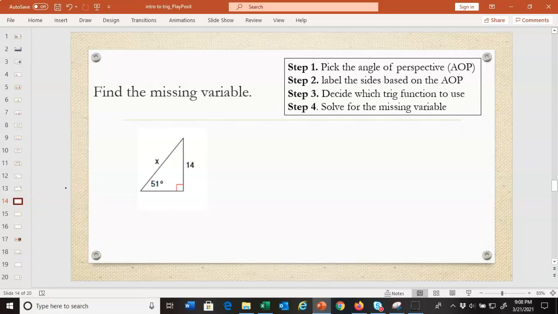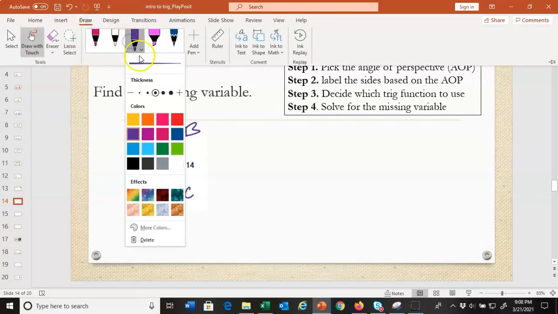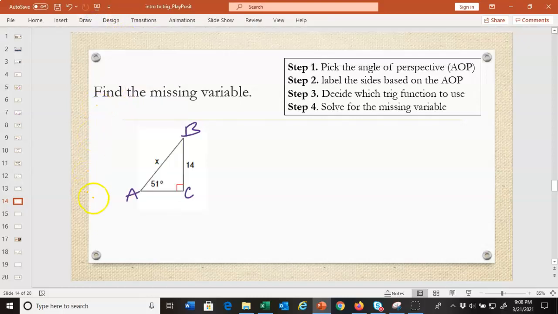So step 1 says to pick the angle of perspective. So let's label this triangle ABC. Well, we can't choose C because we're not allowed. You're allowed to choose A or B. And I would say that it's best to choose the one you know. And some of you might be going, well, I can find B. And you totally can find B. You guys have the skills to find B. Remember, a triangle adds up to 180.